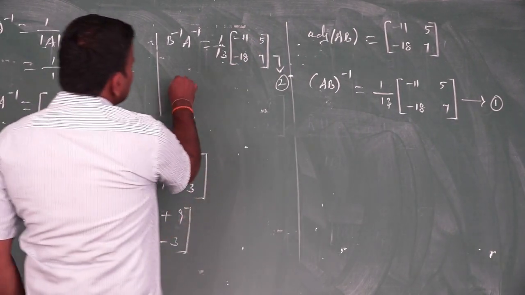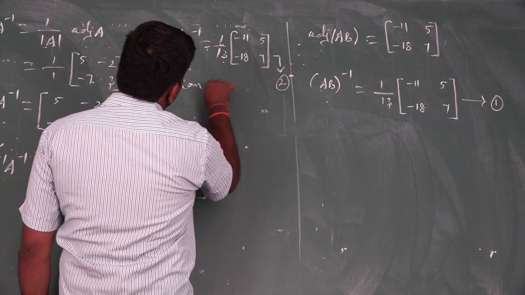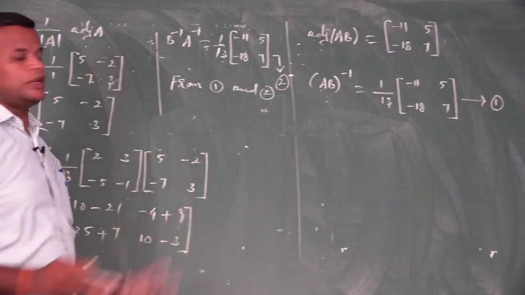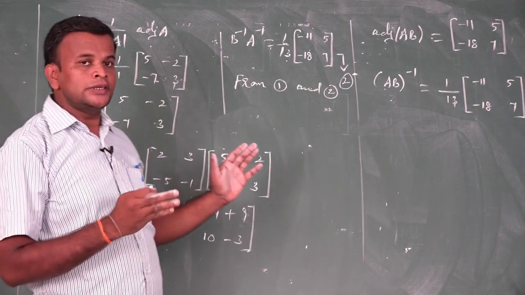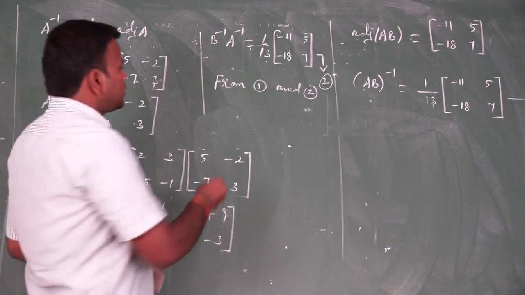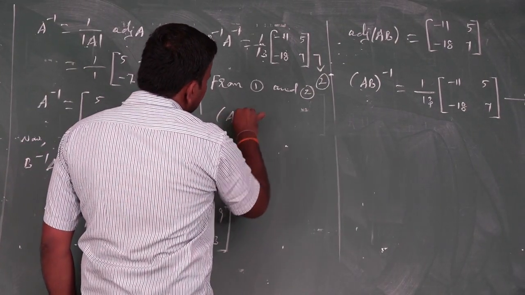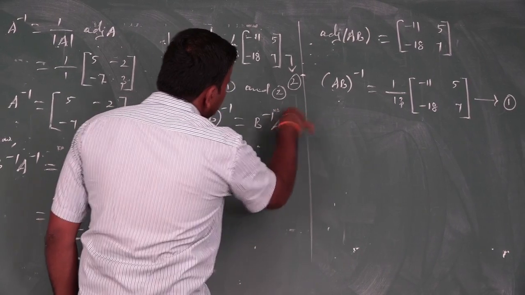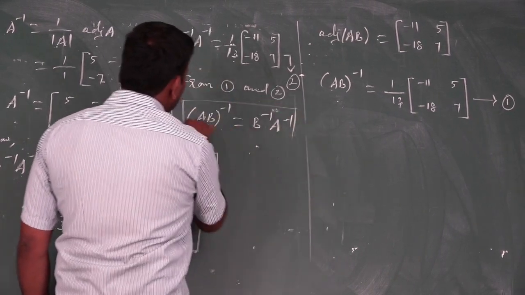You see the conclusion from 1 and 2. Both have the same value, the same number of elements, and the scalar 1 by 13 outside is also common. So from 1 and 2 we get AB the whole inverse is equal to B inverse into A inverse.